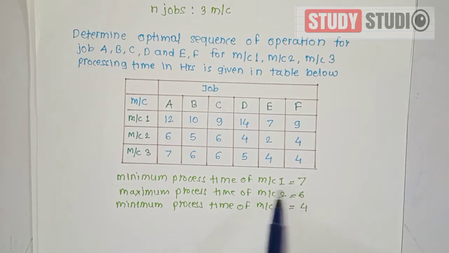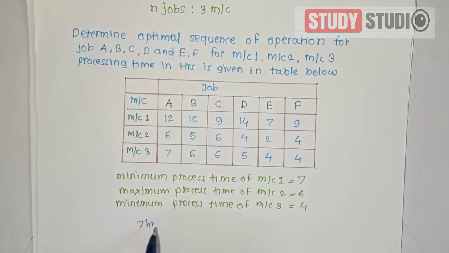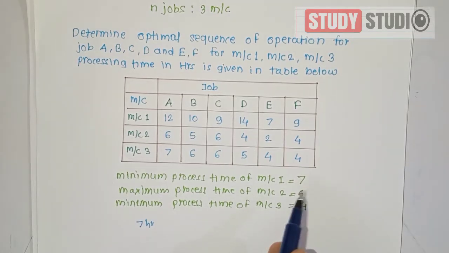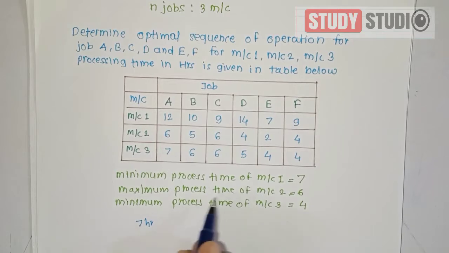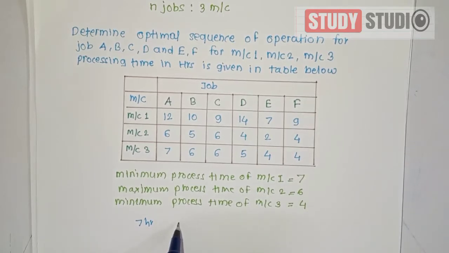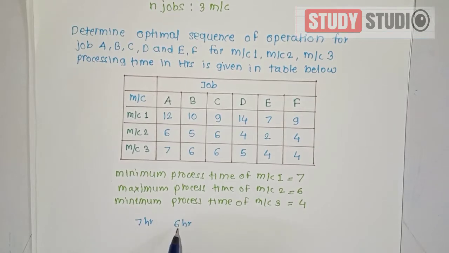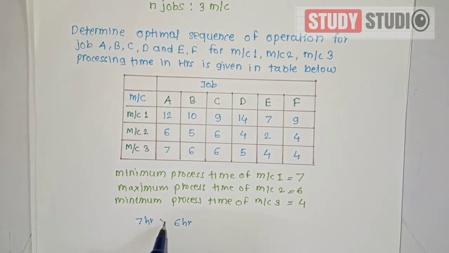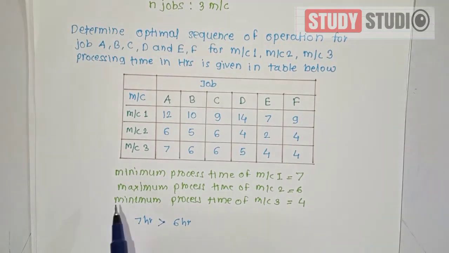So for our case, our minimum process time is 7 hours, which should be greater than or equal to the maximum process time of machine 2. So the maximum process time for machine 2 is 6 hours. So if we compare 7 hours and 6 hours, 7 hours is greater than 6 hours. So our first condition matches.